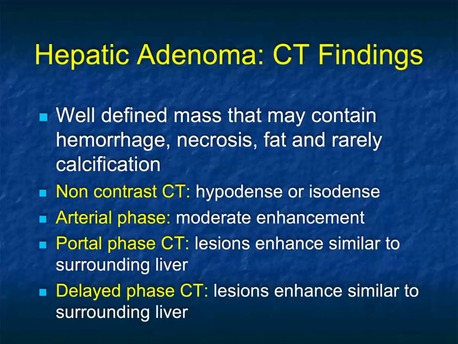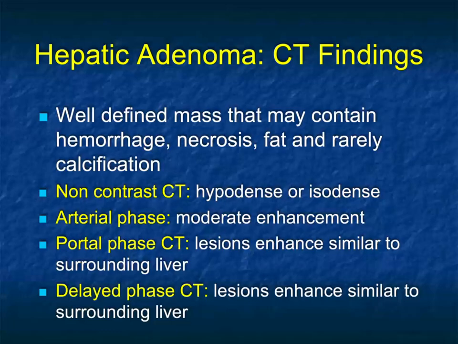If you ask me to describe hepatic adenomas, we talk about the classic appearance and then the range of variability. Typically, it's a well-defined mass that may contain hemorrhage, necrosis, fat, or rarely calcification. There aren't too many tumors that contain fat: myelolipomas in the liver or angiomyolipomas. We can see that with hepatoma, but hepatic adenoma is one of them.